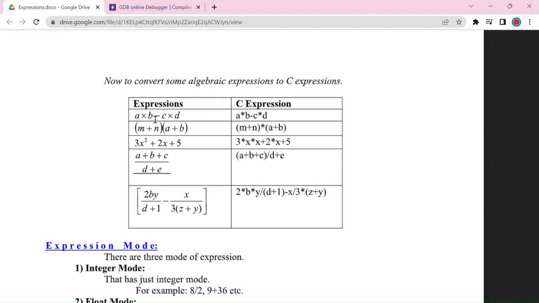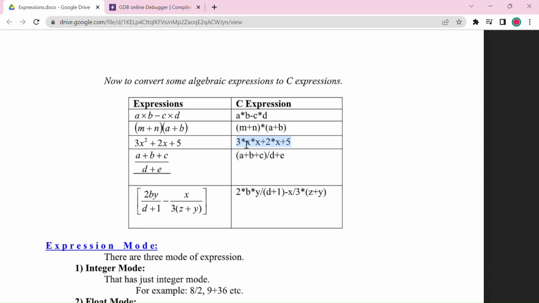So now as you can see, A multiplied by B, so we use A asterisk B. In mathematics we use the multiplication sign, but in C expressions we use the asterisk as a multiplication sign, and then the negative is just the same, and for addition it's the same. For multiplication we use the asterisk, and then for 3 multiplied by x into x.